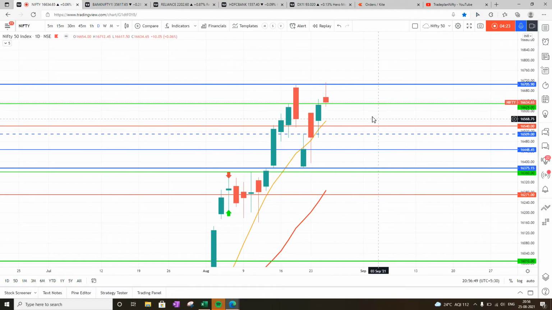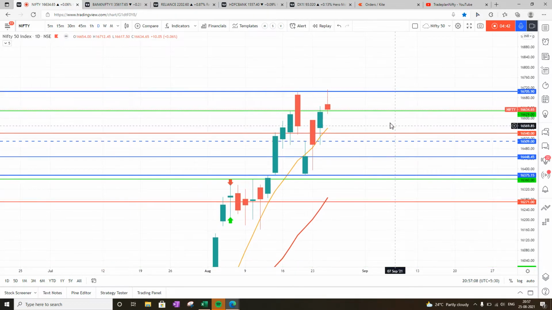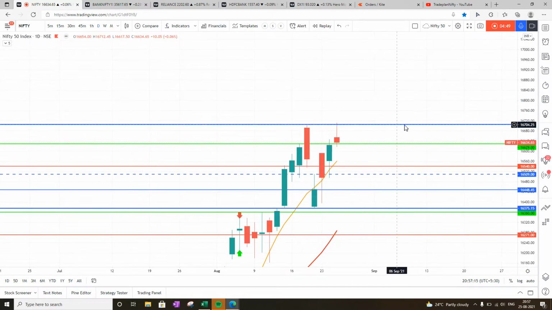On the daily chart, it is still above the 8 bar and above the 20 bar, and now the 8 bar is at 16,563. So 16,560 to 16,500 becomes a very good support zone for Lalaji. Any dip towards 16,500 should be bought. On the upside, 16,705 is where you have my blue magical line.